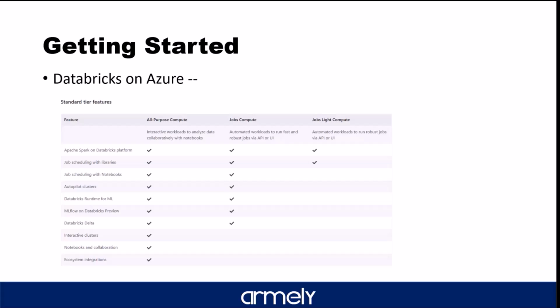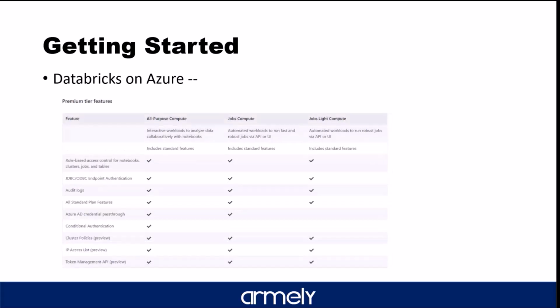But if you want a little bit more, this is where we go to the premium tier. The key pieces I want to highlight with the premium tier are, for instance, conditional authentication. Remember what I mentioned earlier, where you have the ability to define who has access to what. So from a security perspective, you're getting much more with the premium tier. You also have the ability to manage your tokens.